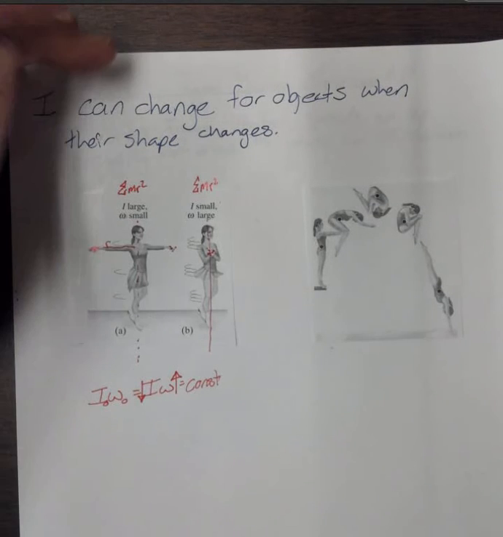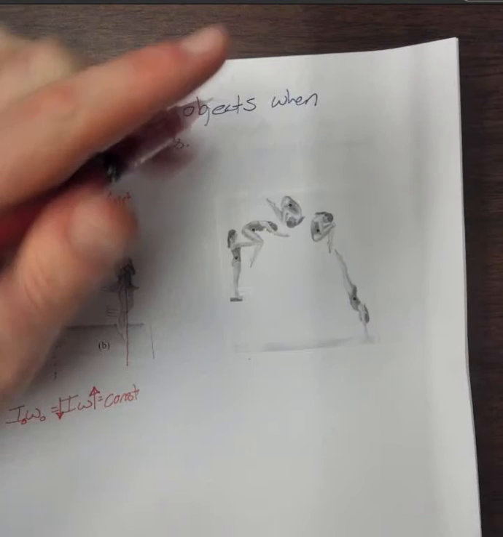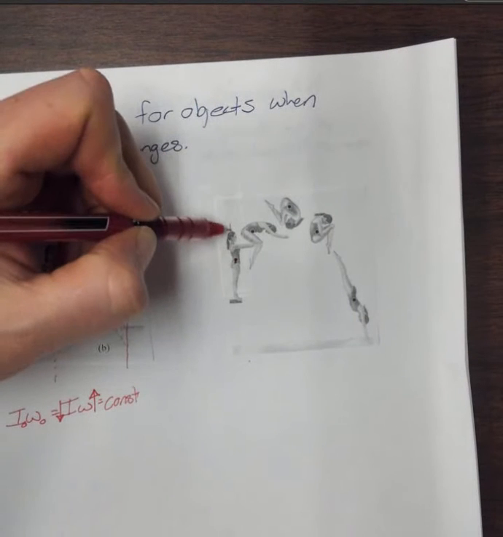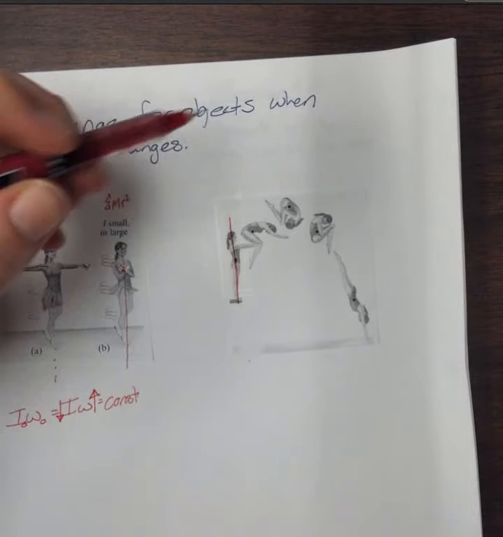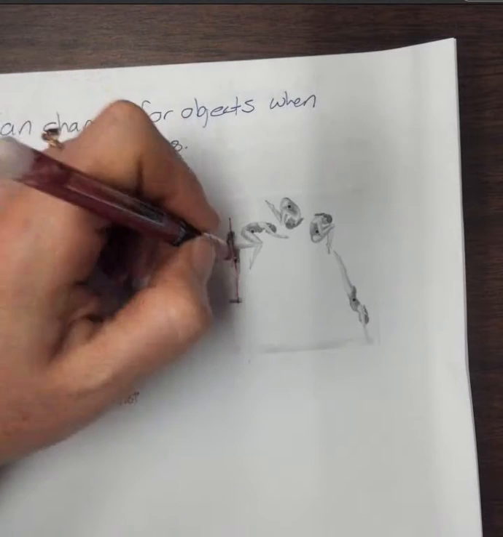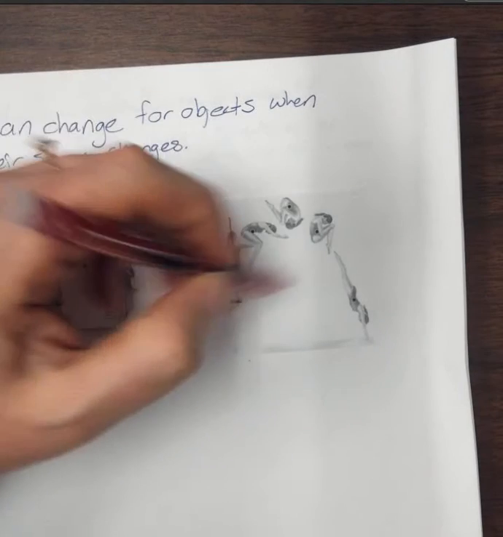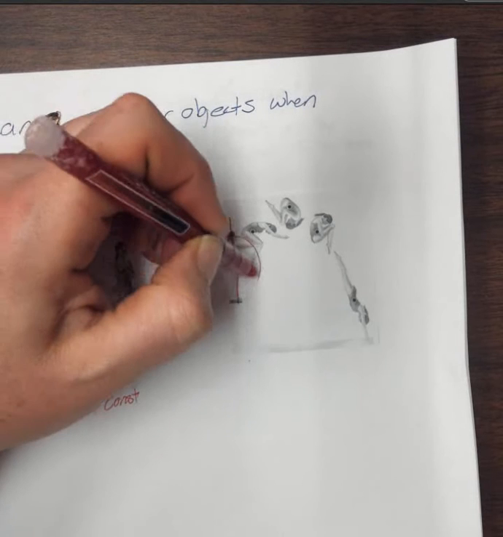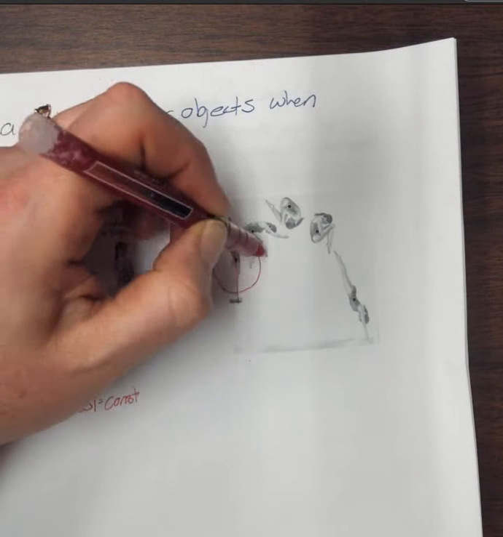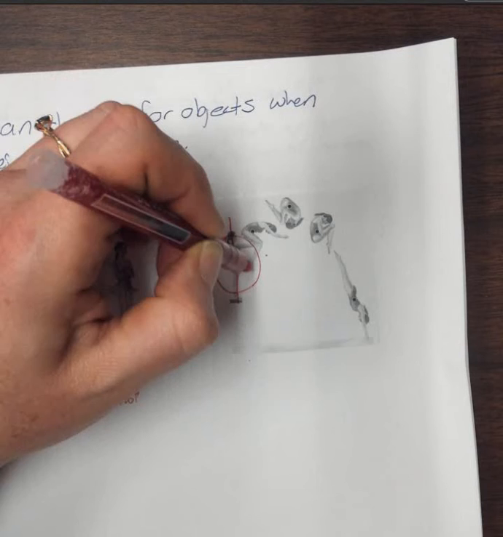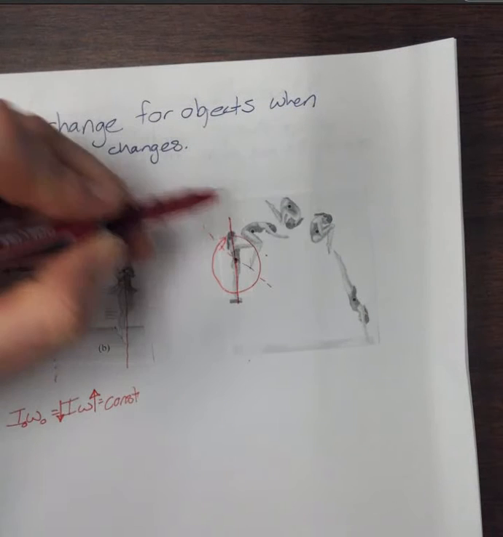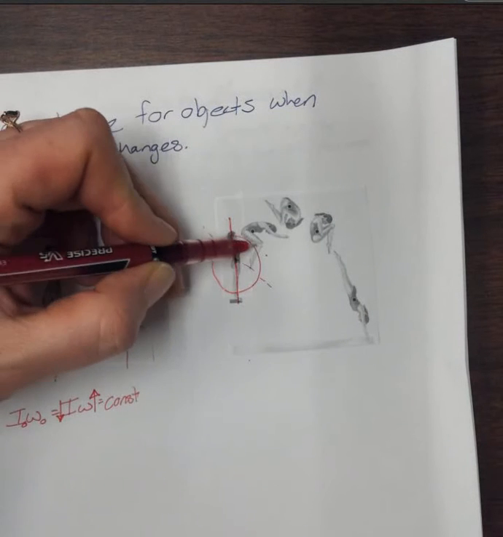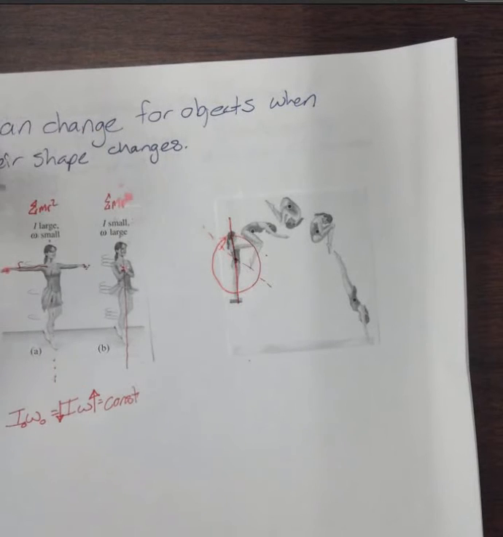And likewise, this can be done by a diver. Divers start with a long shape, and if she's going to rotate this way, then her axis of rotation would be through her body like that. Now, when she's stretched out, much of her mass is at a far radius from her body.